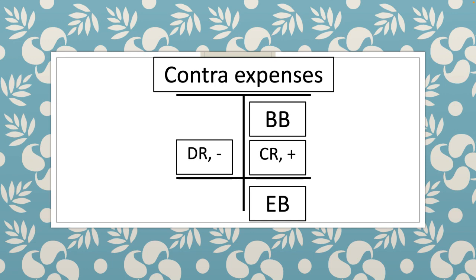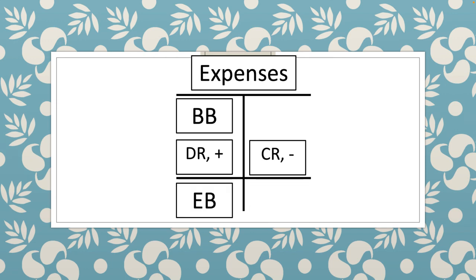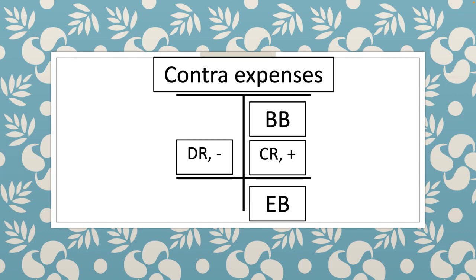If I don't even know that an expense account has a balance on a debit side, how could I possibly know that the contra expense account would have a balance on the credit side, right? I mean, I won't. I'm just guessing at that point. So if you don't know where the regular account is, you can't possibly know where the contra account is.